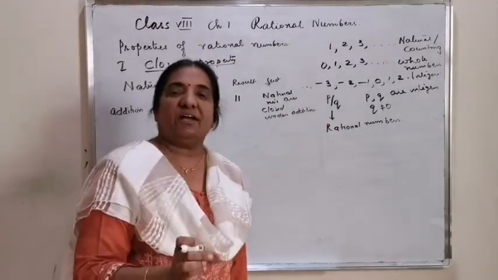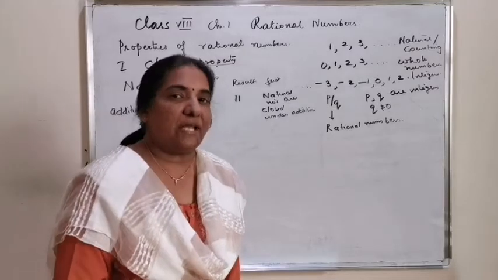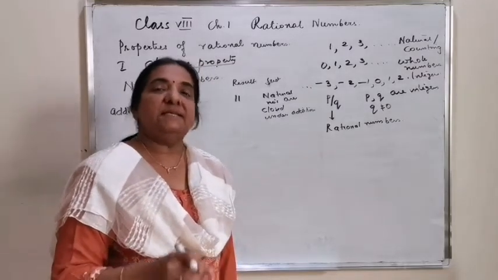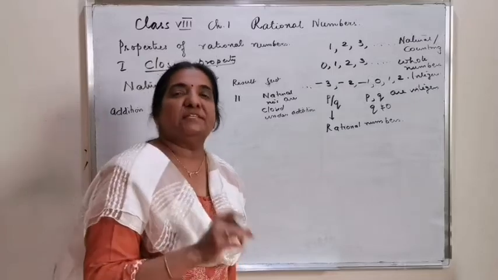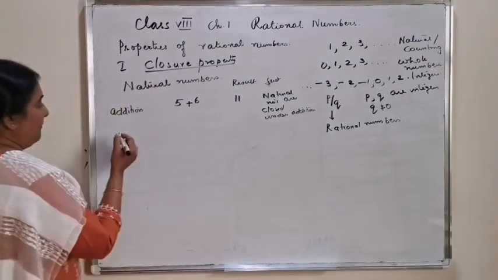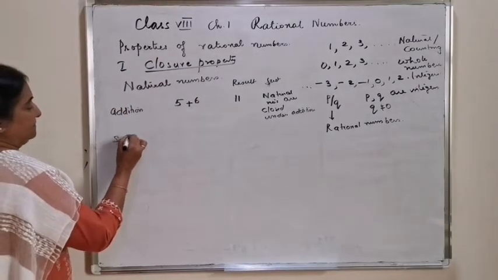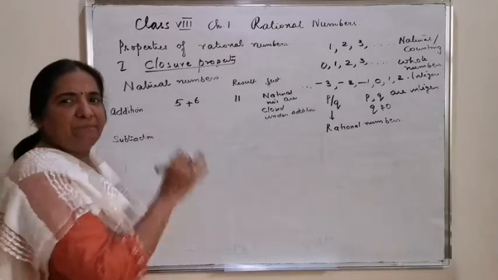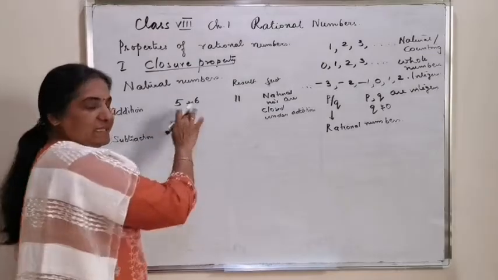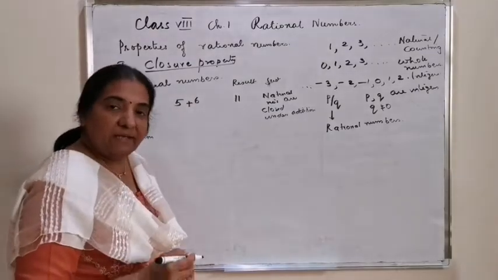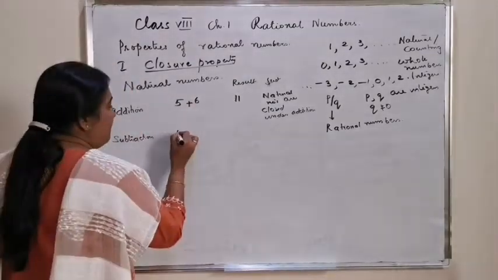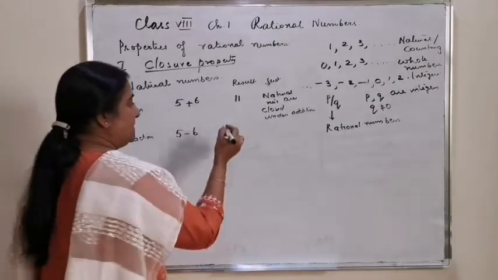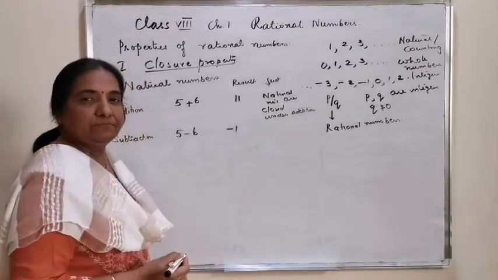If the addition answer or the sum is also a natural number, we can say that the property is satisfied. Let's go with the second operation, subtraction. We can use the same numbers, 5 and 6, because both of them are natural numbers. 5 minus 6, the answer is -1.